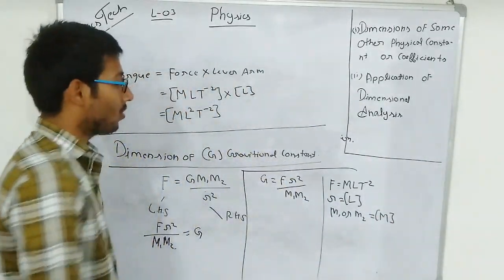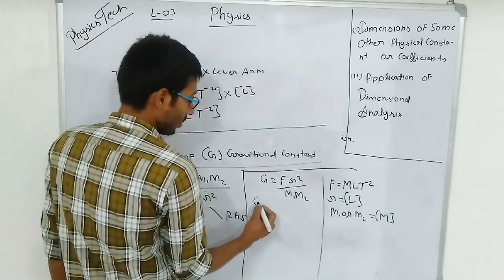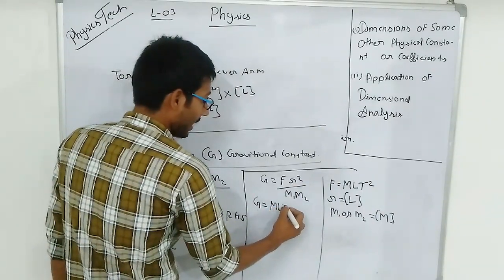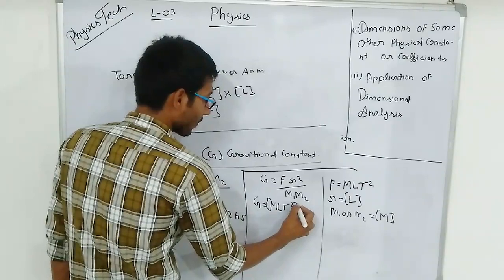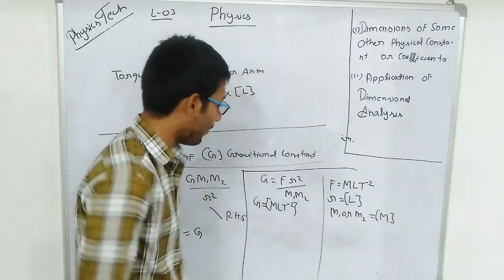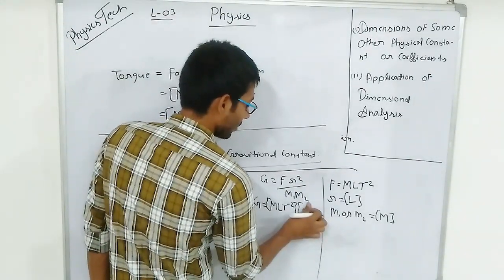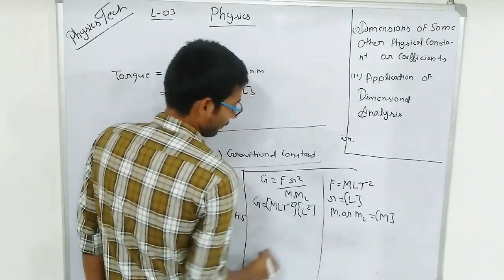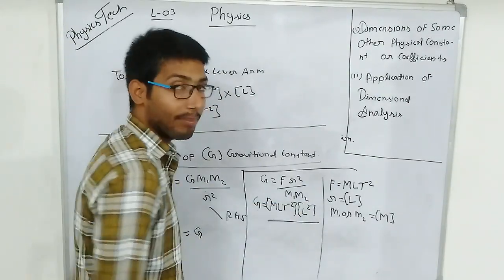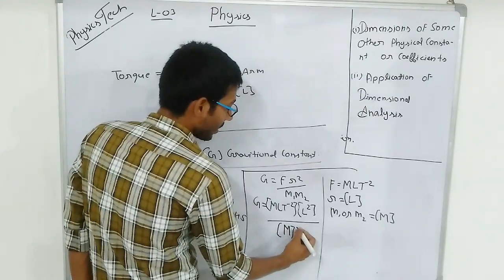Now putting all these values in this, G is equal to M L T base minus 2 into L base 2, upon M1 and M2, which is M base 2.